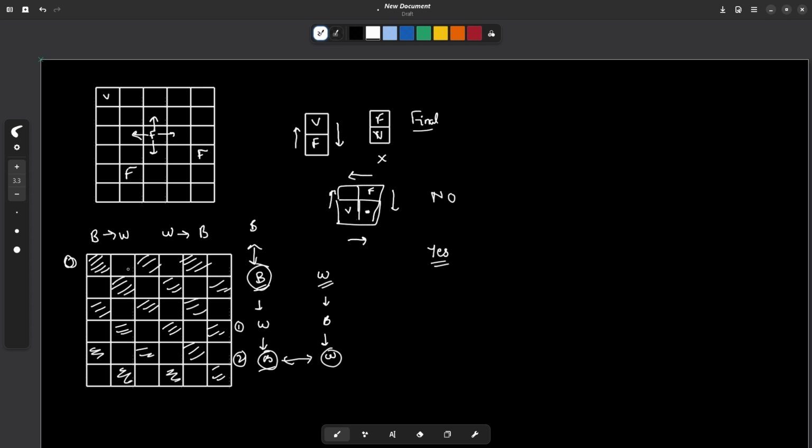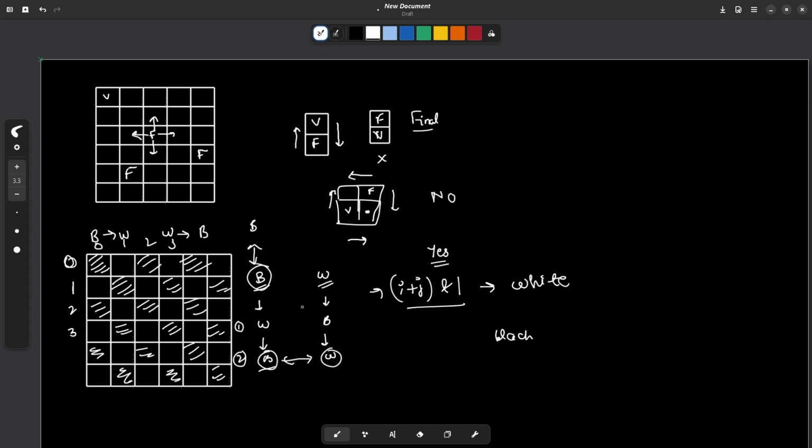Now how do we actually find this particular thing? So let's say this is 1, 2, 3 and this is also 0, 1, 2, 3. So you will see whenever the sum of the axis is odd, then we are standing at a white square. Otherwise, we are standing at a black square. You can also take the other way around. You can consider this as black and the other one as white.